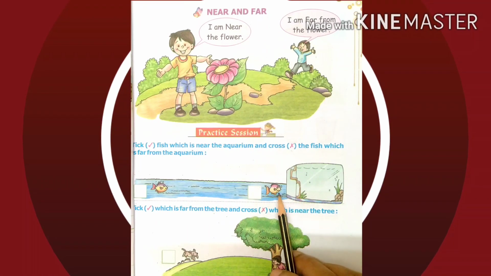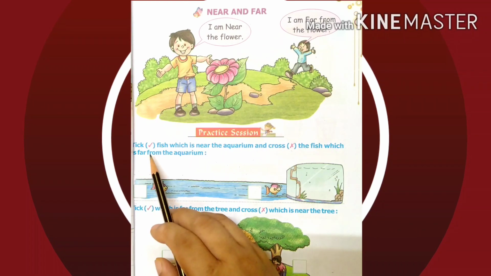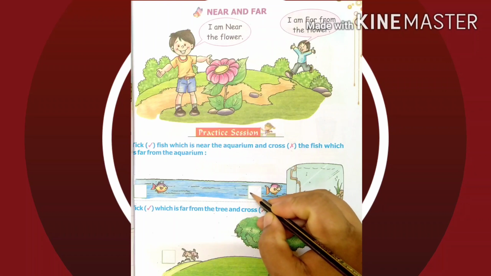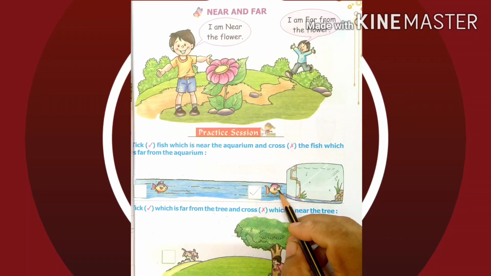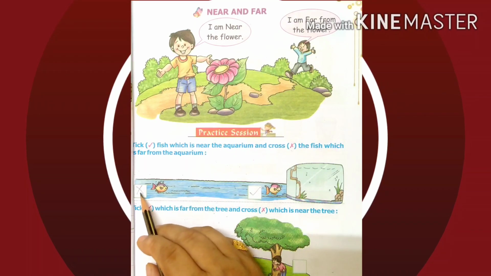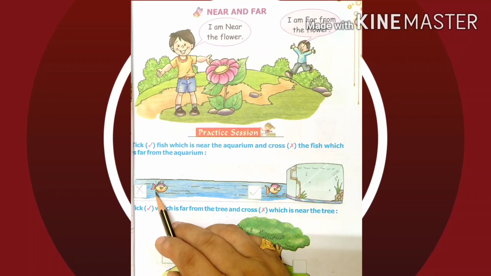Okay, one fish is near the aquarium but other fish is far from the aquarium. So we will write tick mark that fish is near the aquarium and write cross that fish is far from the aquarium.